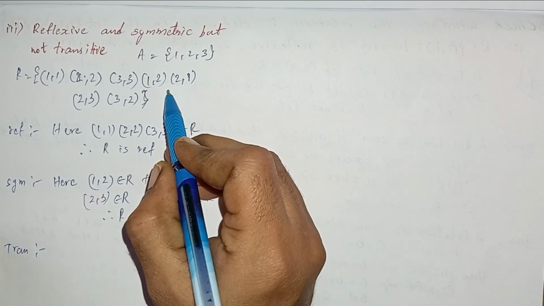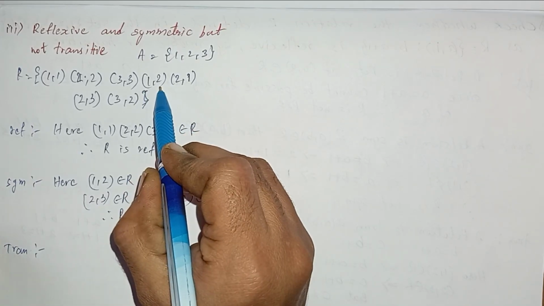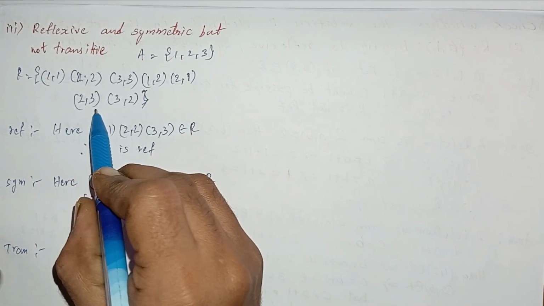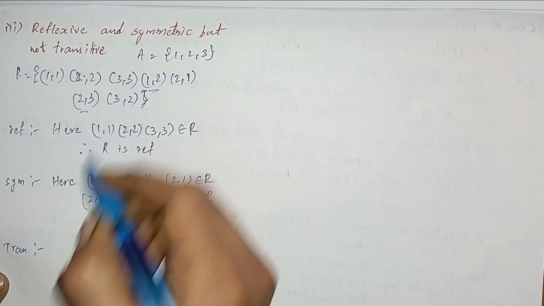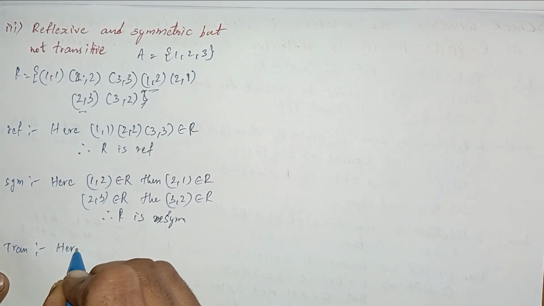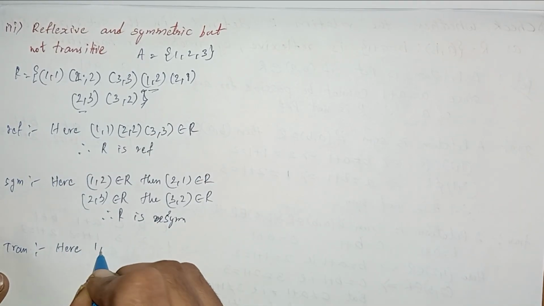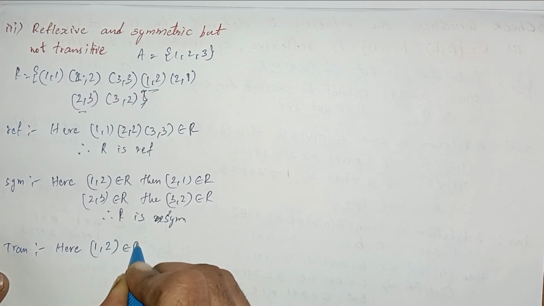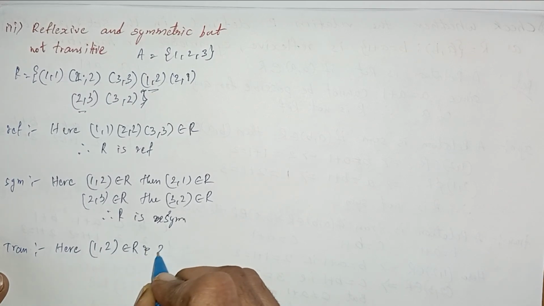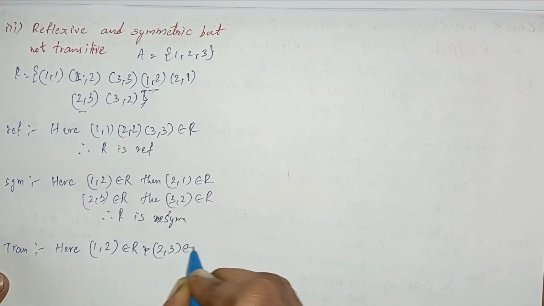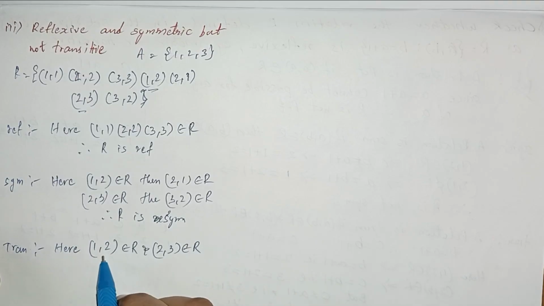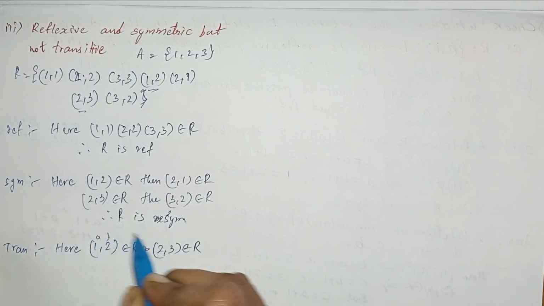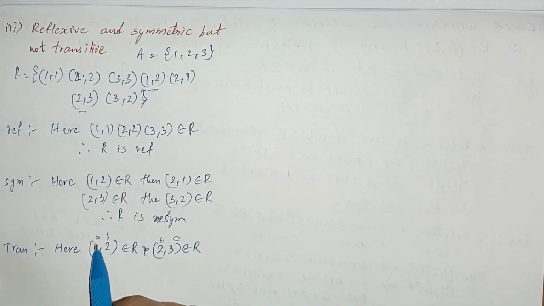Next we have to check for the transitive. Here, I am taking (1,2) and (2,3). So (1,2) belongs to R, and (2,3) belongs to R. So this is my (A,B), and this is my (B,C).